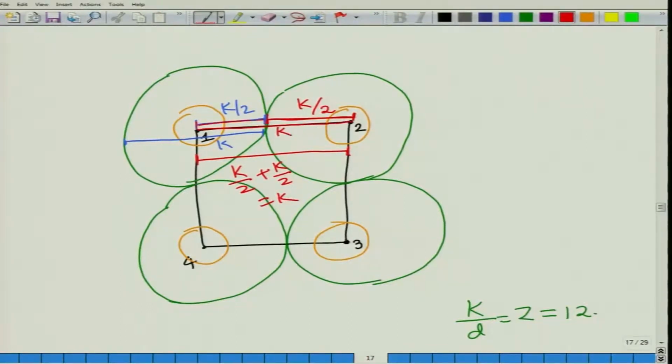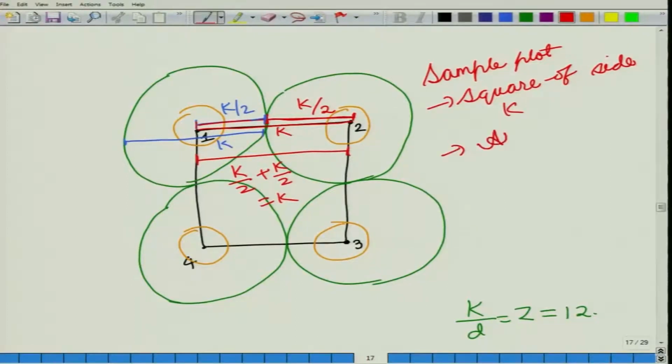Now consider this area of k by k. Let us consider this square to be our sample plot. So, we have a sample plot that is square of side k. So, the area is equal to k square. Now, in this k square area, what is the number of trees that are there?